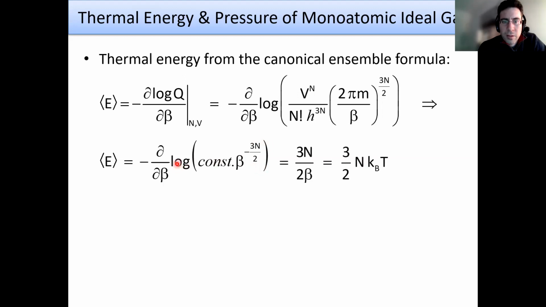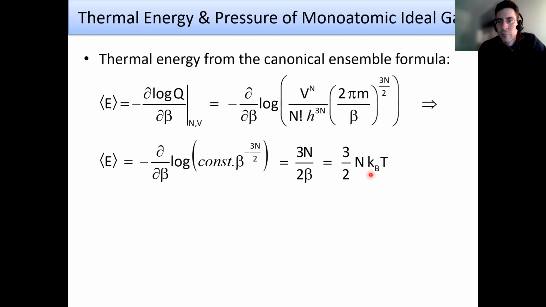So now if you do this differentiation, you're going to end up with this expression here. And of course, if we substitute beta for inverse temperature, we get this. Why is this interesting? Because this gives us the heat capacity of the ideal gas.